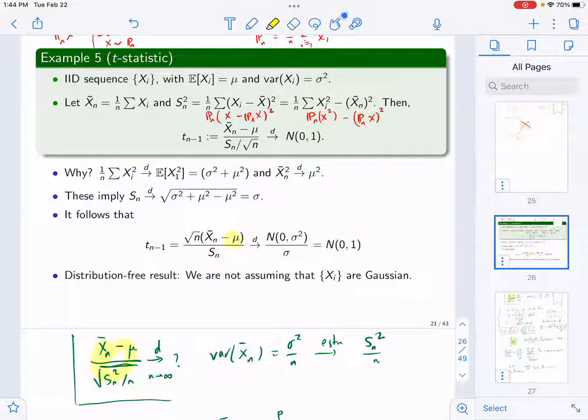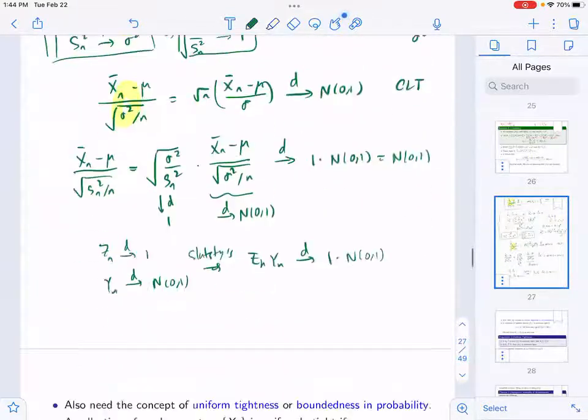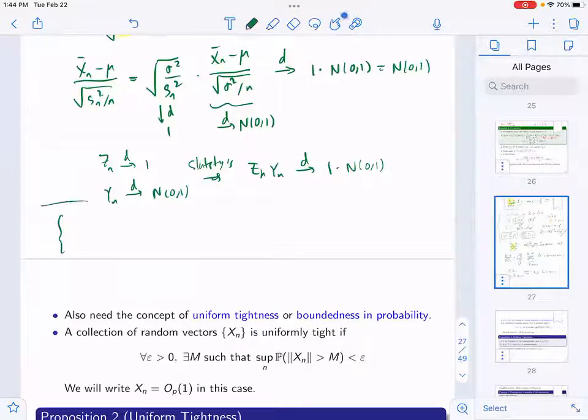If you have seen how to build confidence intervals or do tests, we'll talk about this later, but let's say I want to do a hypothesis test. I know that under the null, under H naught, mu is 0.